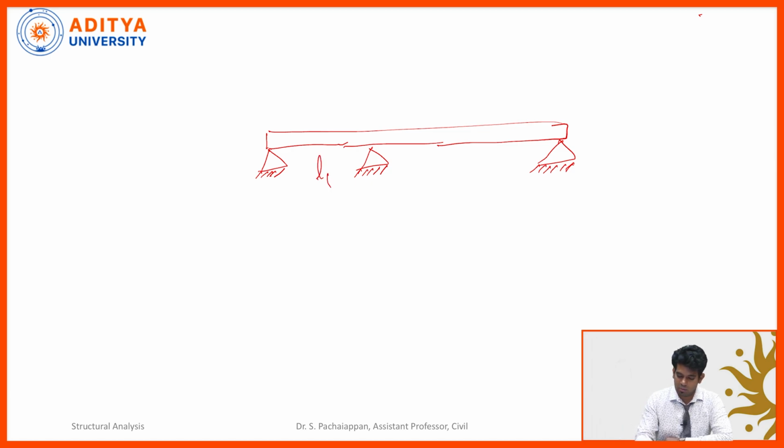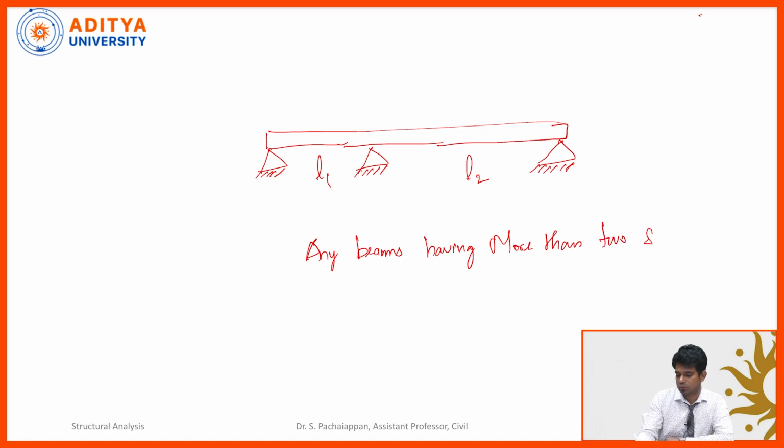Let's say this is L1 and this is L2. Any beam having more than 2 supports is a continuous beam.